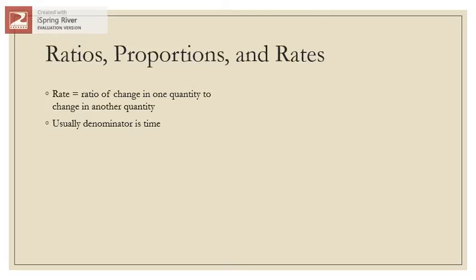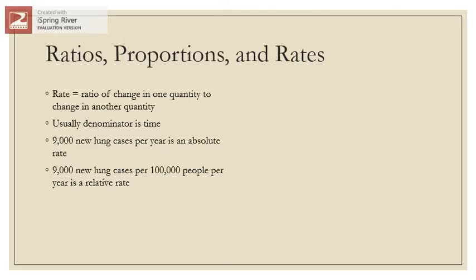So the denominator involves some time. Miles per hour would be, yes, it's a ratio, but it's also a rate. Here's an example. There are 9,000 new lung cases per year. That's an absolute rate. It's simply the number of new cases, but it has a time component, per year.